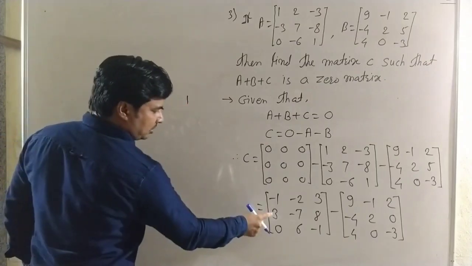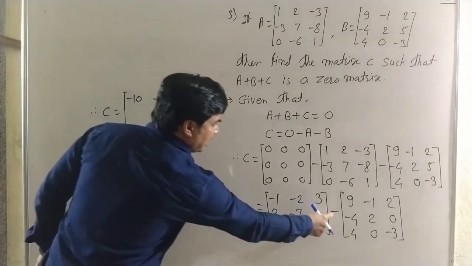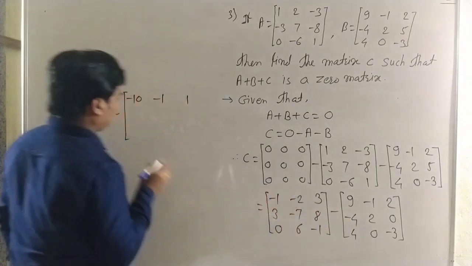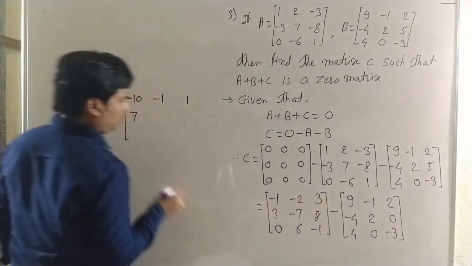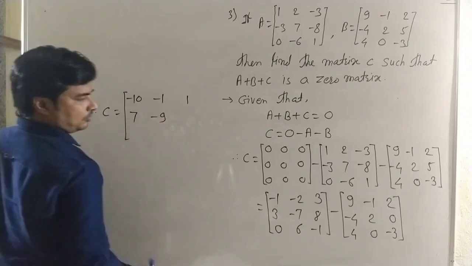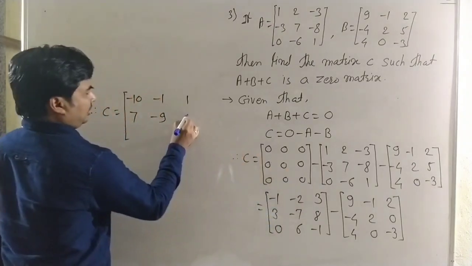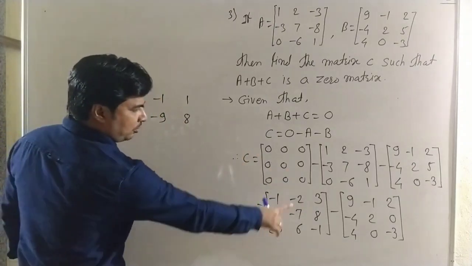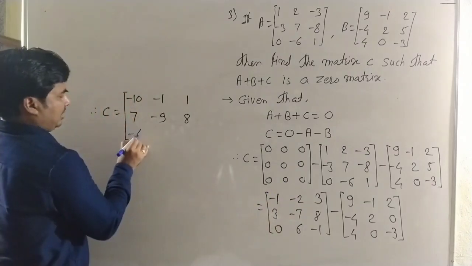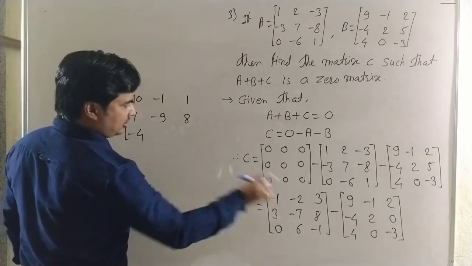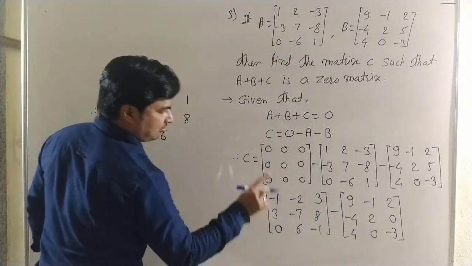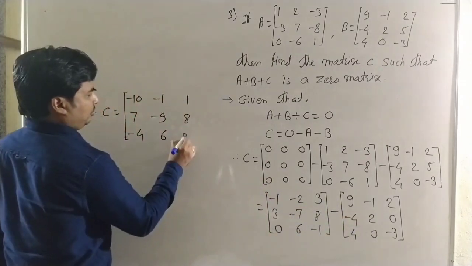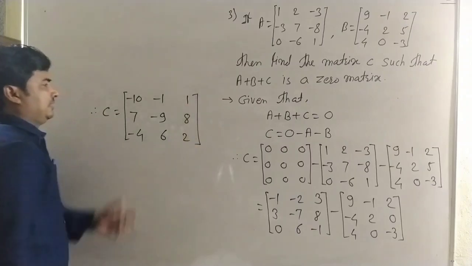Second row, first column, 3 minus minus 4, that is 3 plus 4, it is 7. Minus 7 minus 2, it is minus 9. 8 minus 0, it is 8. 0 minus 4, it is minus 4. 6 minus 0, it is 6. And minus 1 minus minus 3, that is minus 1 plus 3, it is 2. And it is the matrix C.